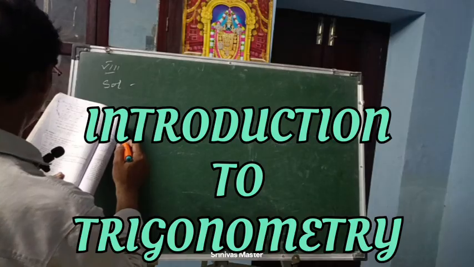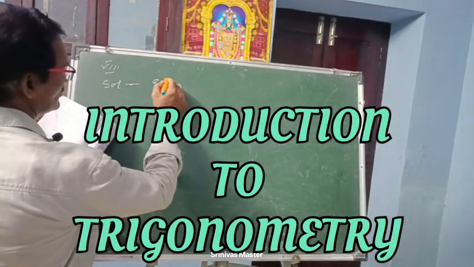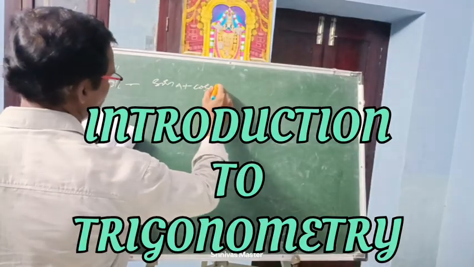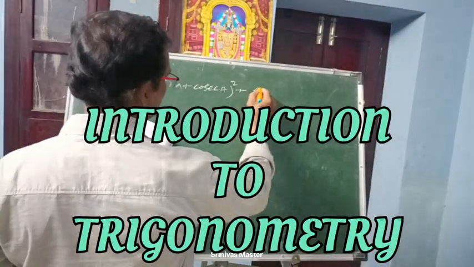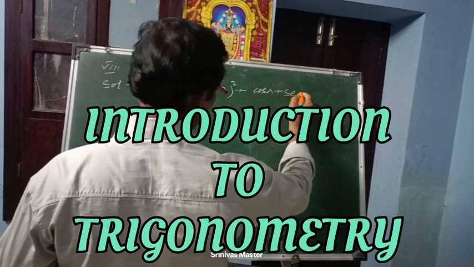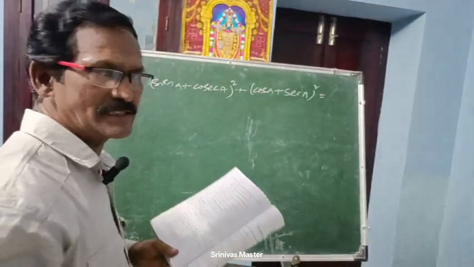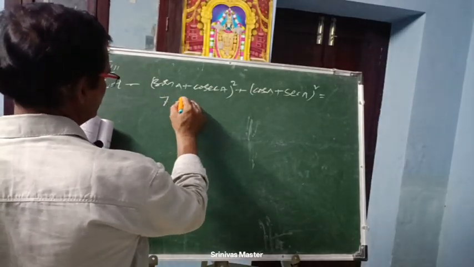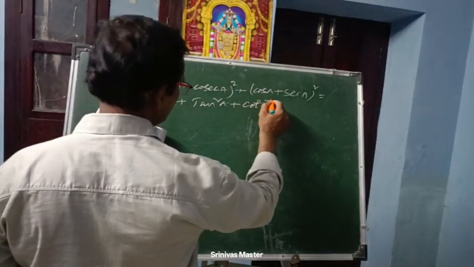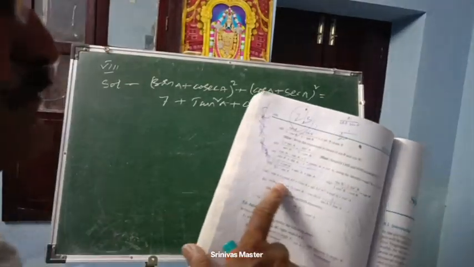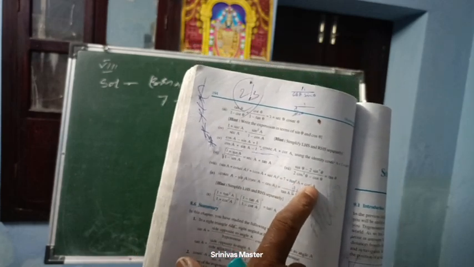Okay, children, what is given? (sin A + cosec A) whole square plus (cos A + sec A) whole square is equal to 7 plus tan square A plus cot square A. This is the problem. That we have to prove.